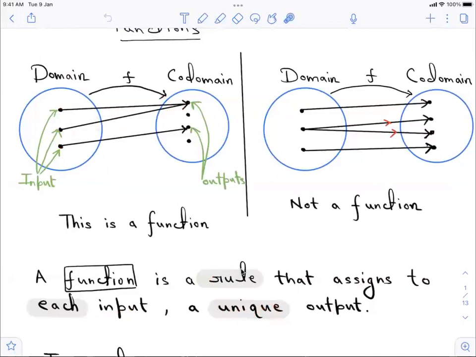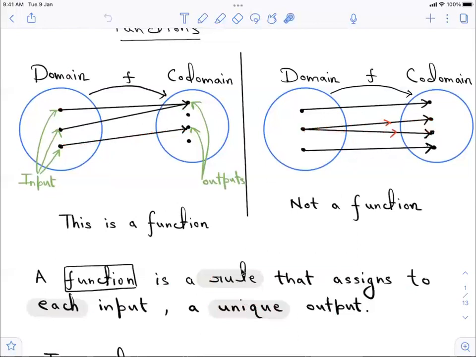So this is an example of a function. Each input has been assigned to a unique output, but this is not a function because this particular input is assigned to two different outputs. So the uniqueness part of this definition fails here.